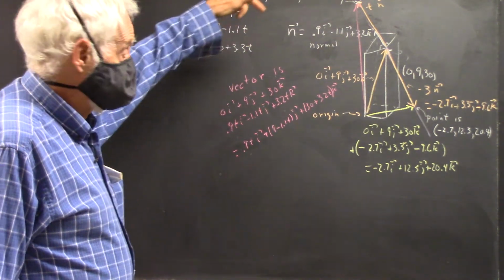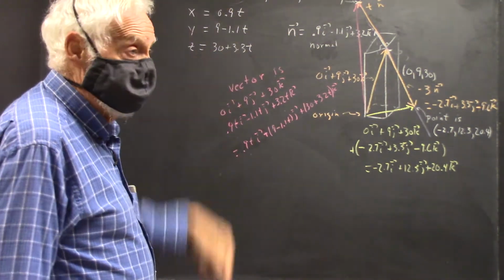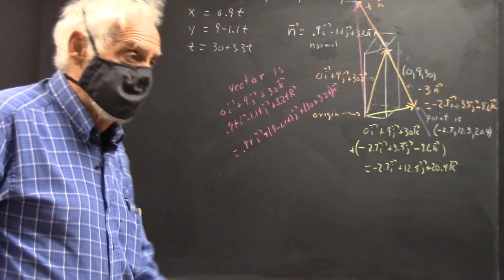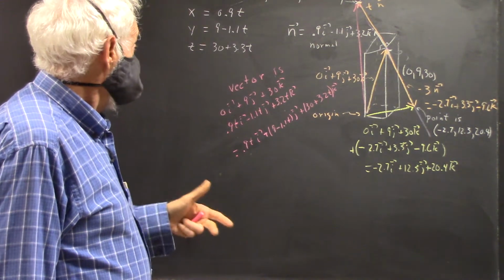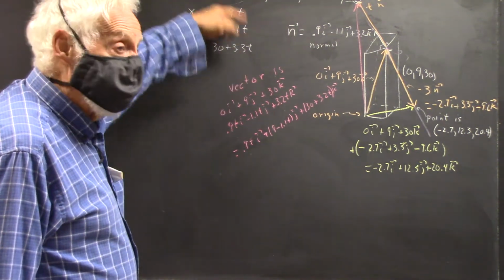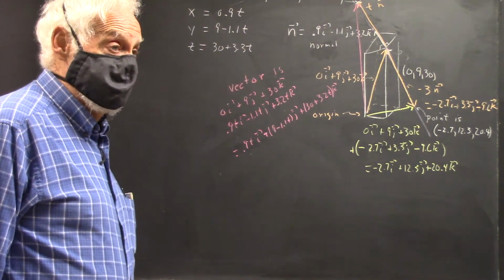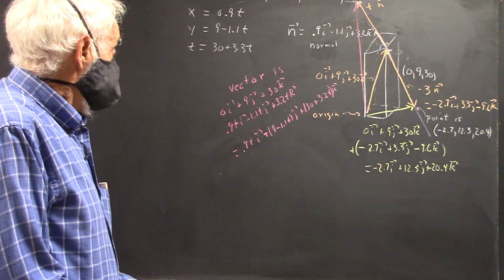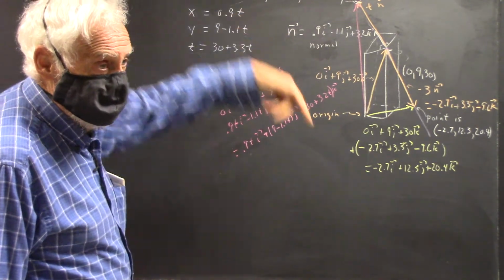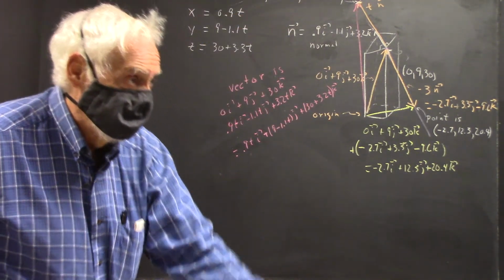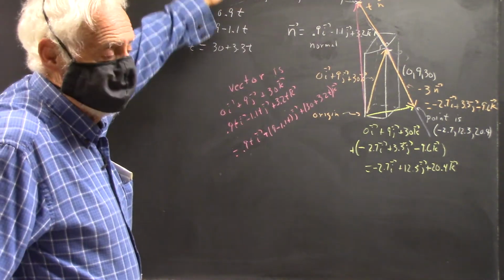And the further you go in the positive direction, the bigger t is going to be. The further you go in the negative direction, the bigger the negative quantity, right, for t. So as t goes from negative infinity to infinity, you go from one end of the line to the other. Oh, the line doesn't have ends.